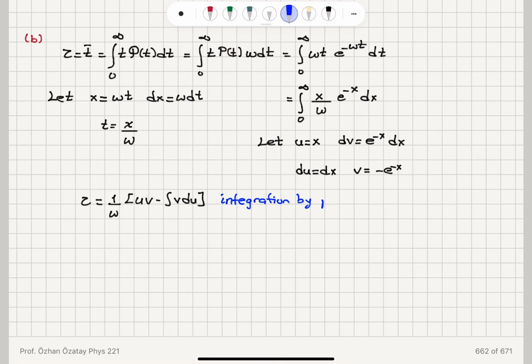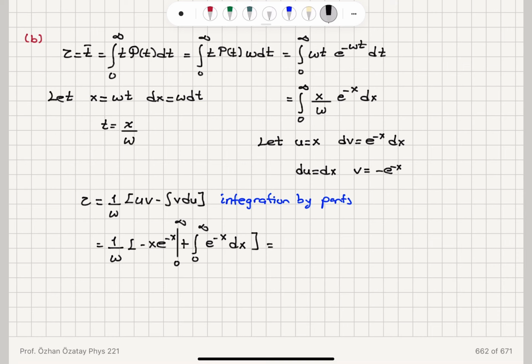And this becomes 1 over omega times uv, which is minus x e to the minus x, minus integral v du. Well, v has a minus sign in it, so this becomes plus the integral from 0 to infinity of v du, which is dx. And this is to be evaluated between 0 and infinity.